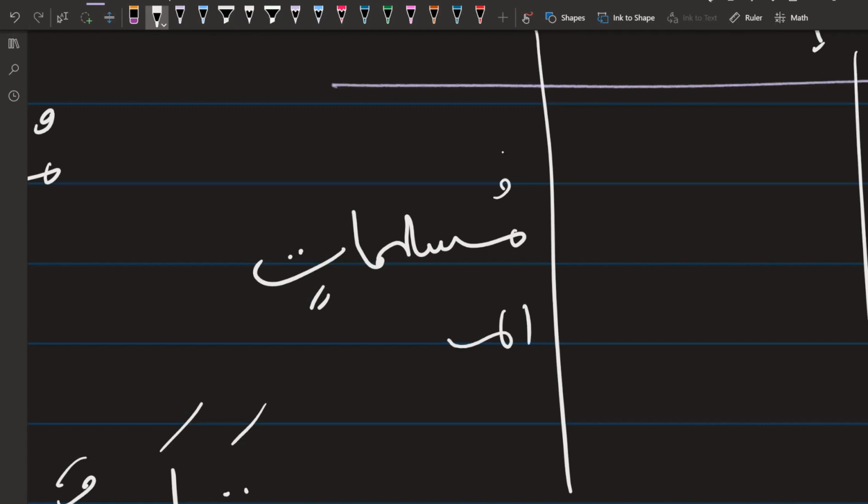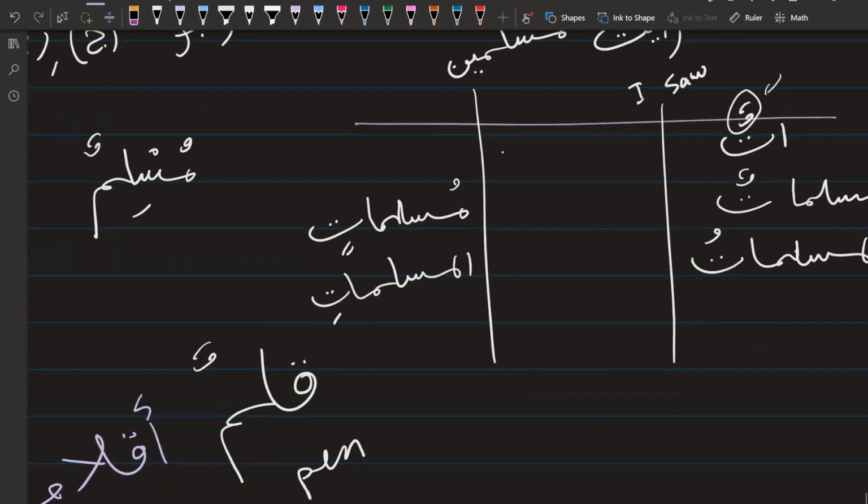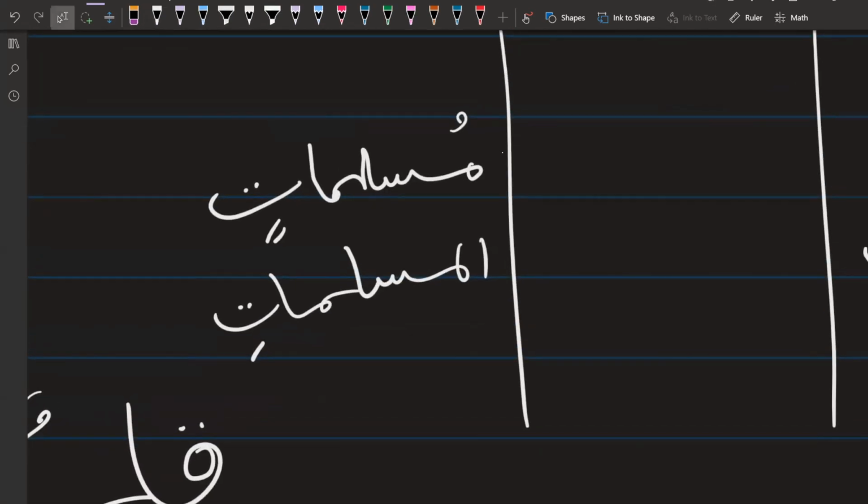Or you can say al-muslimati. Okay, just like your normal situation, the asl, the default. Genitive is always kasra. You're getting your kasra.